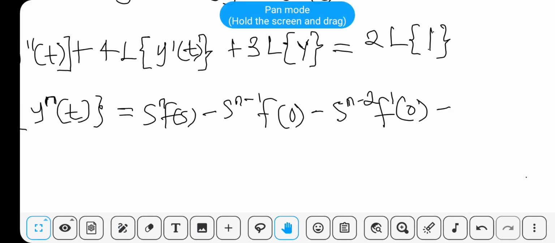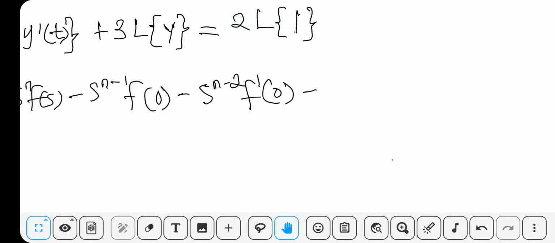It keeps increasing like that till F to the n minus 1 of 0.